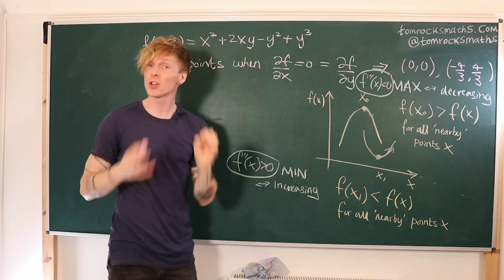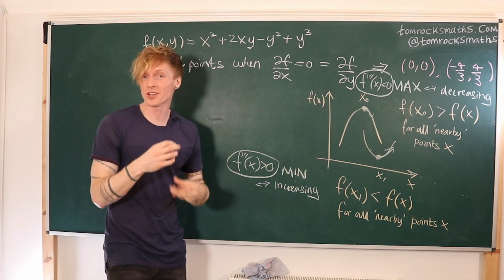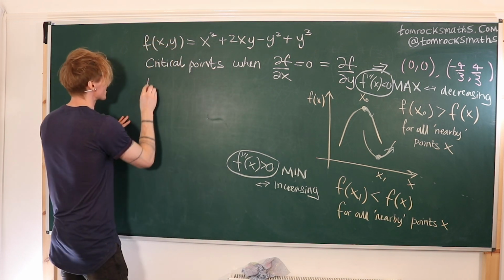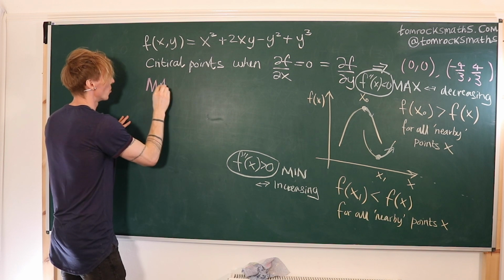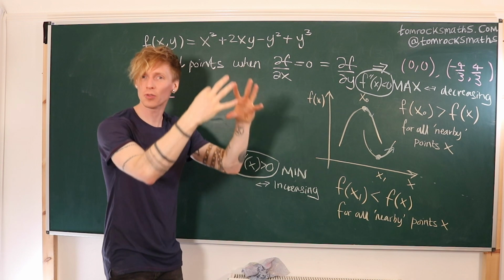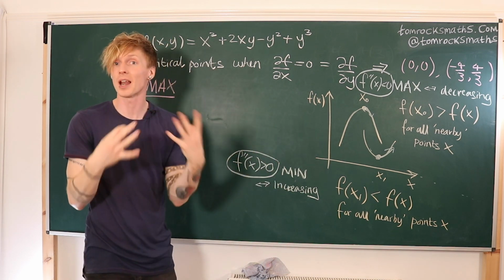Now for our function of two variables, there are several second order partial derivatives that we can calculate, and at a maximum, we're going to need all of them to be negative because we need our function to be decreasing away in all directions, as we can see on the plot.